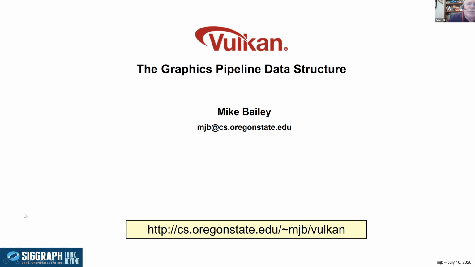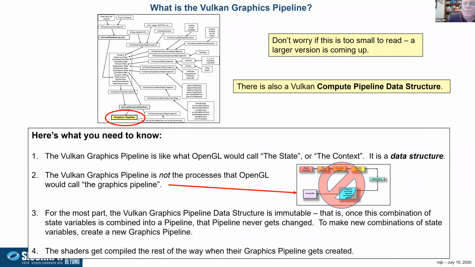So pipeline data structure, we've talked about, it is the context, it is the state. It has roughly the same meaning as context and state in OpenGL, meaning it's all the characteristics that get applied to the thing you're about to draw. Okay, don't worry if this is small, we're about to come back to it. I wish they hadn't called it the pipeline because in computer graphics, the word pipeline has meant this sort of thing for years: we're going to do the model transform, then the view transform, then the projection transform.